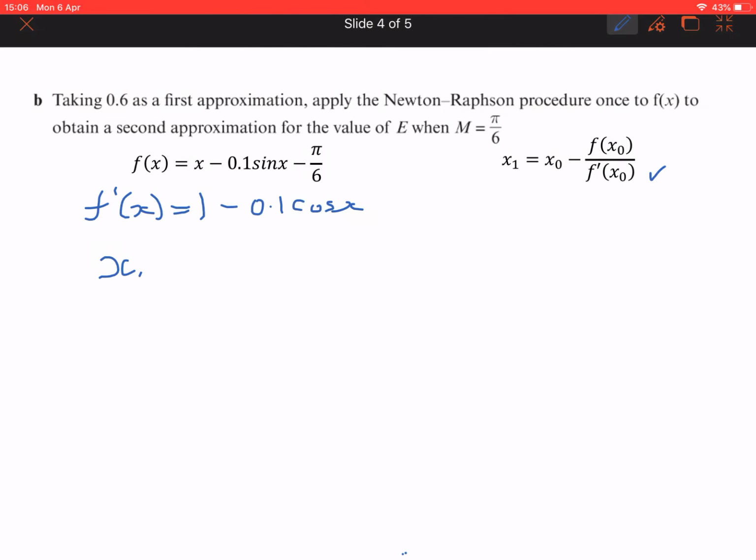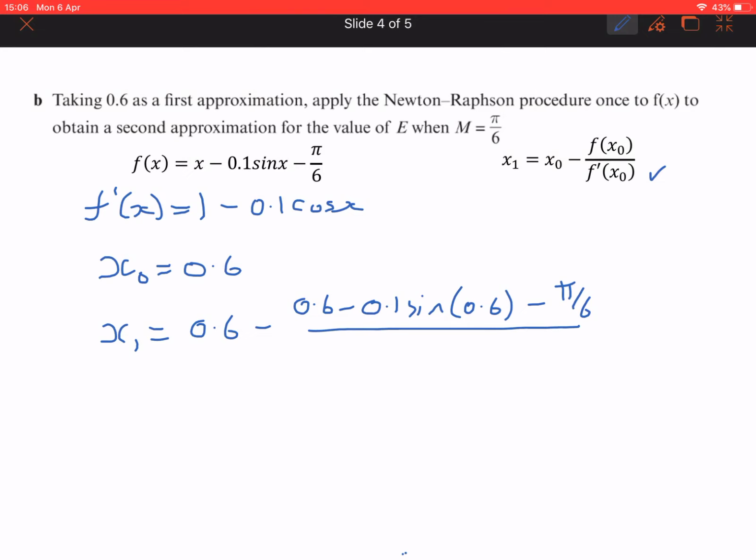So taking x0 as the first approximation, which is 0.6, the second approximation x1 is x0 minus f at x0, which will be 0.6, take 0.1 sine of 0.6, take pi by 6, and I've got to divide that by the derivative, which is 1 take 0.1 cos of 0.6.